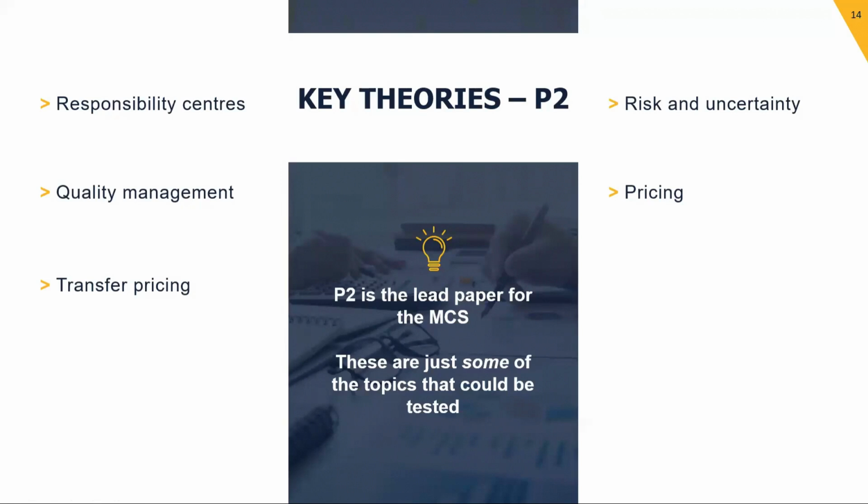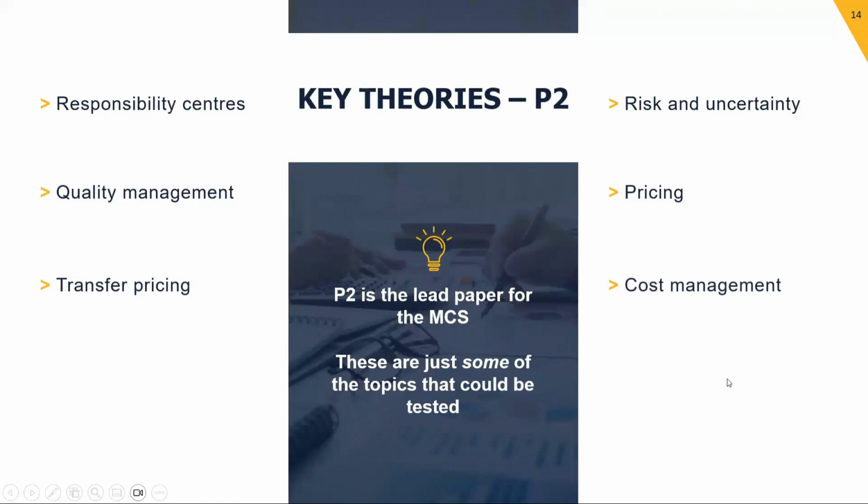So how would we set a price for the sale of goods or services from one part of Flat Hall to another? That transfer pricing issue. How to make sure that we set a price that motivates everybody within Flat Hall, that doesn't cause conflict. So theory of transfer pricing, an important P2 topic.